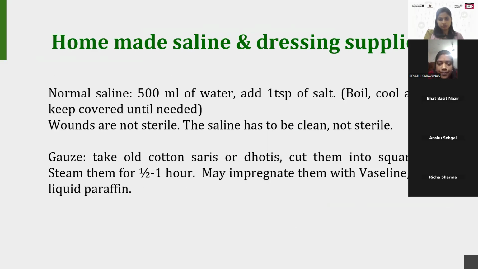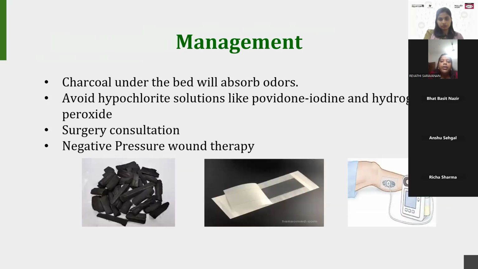Previous slide. Okay, homemade negative pressure wound therapy. Here it is working like a vacuum cleaner. So you just apply the sheet which comes with that vacuum, like a wound dressing vacuum. You just apply it like in the third picture.